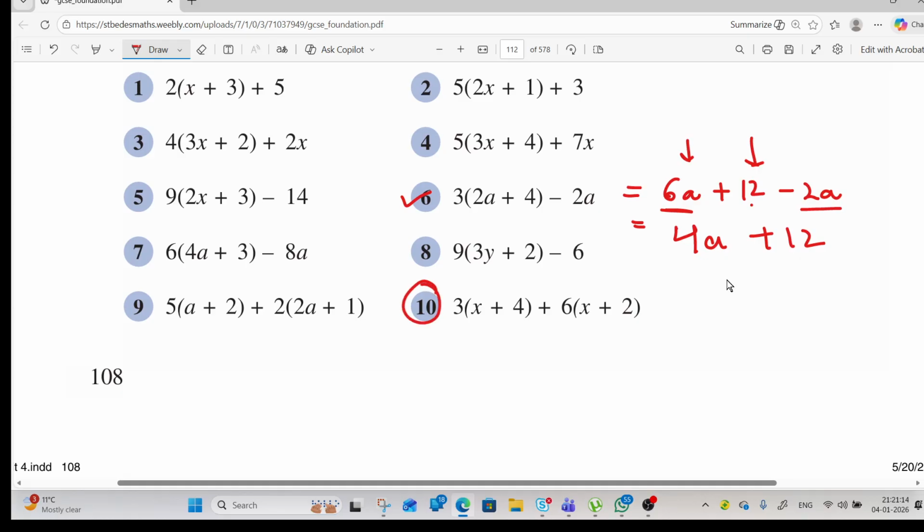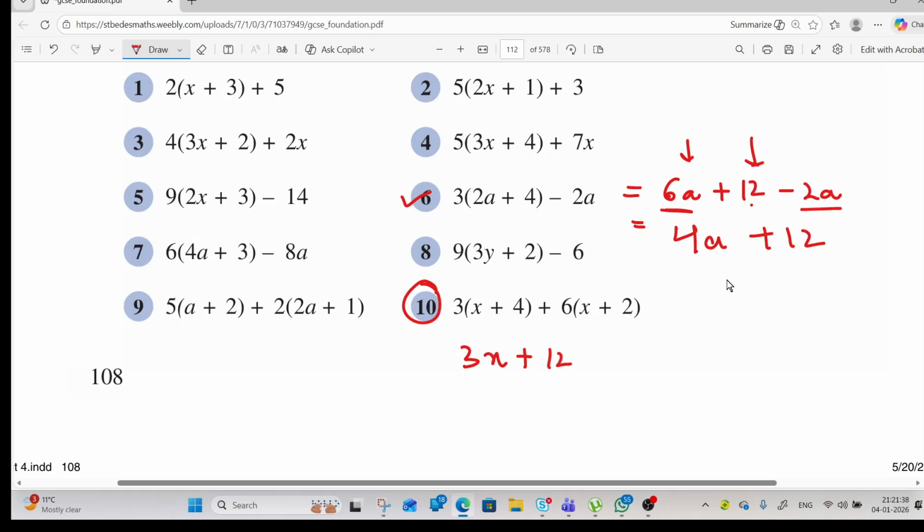Try number 10. Tell me, I will write the answer here. 3 times 1x is 3x plus 12.